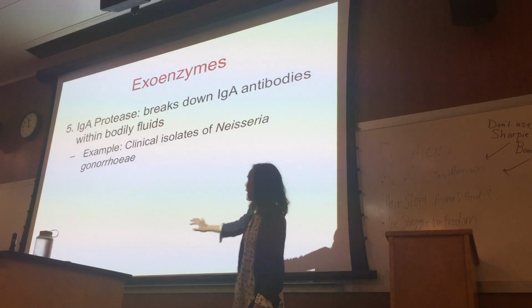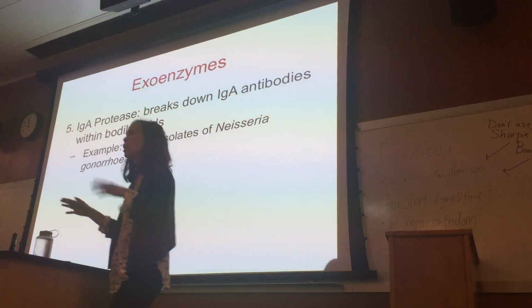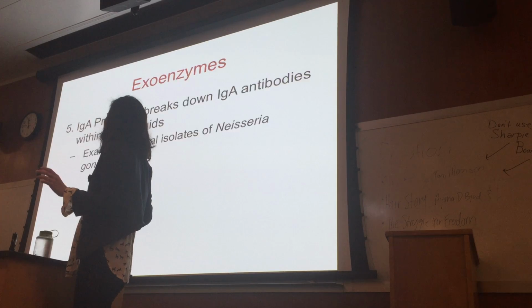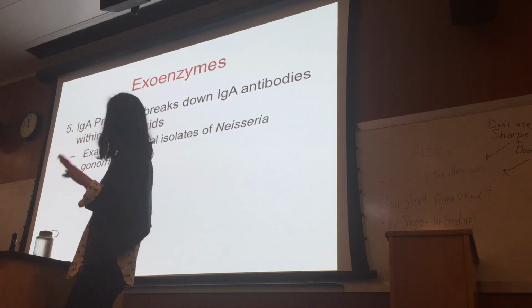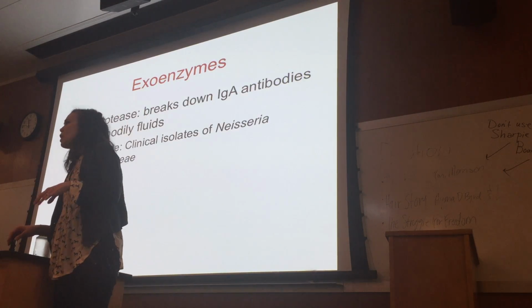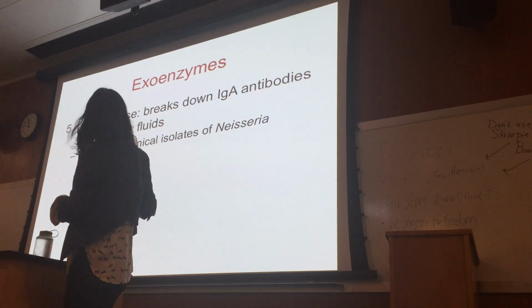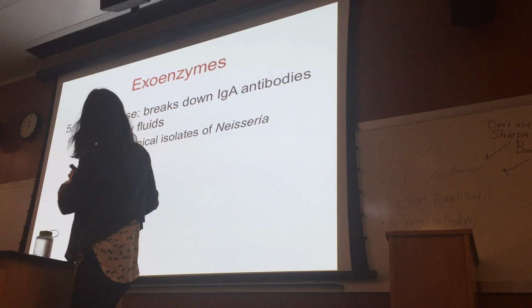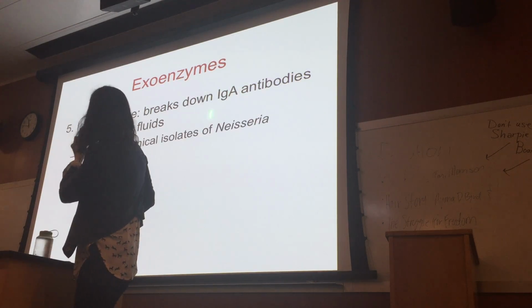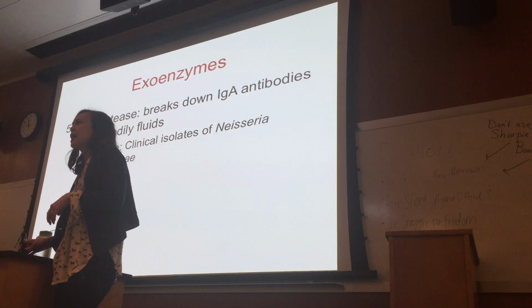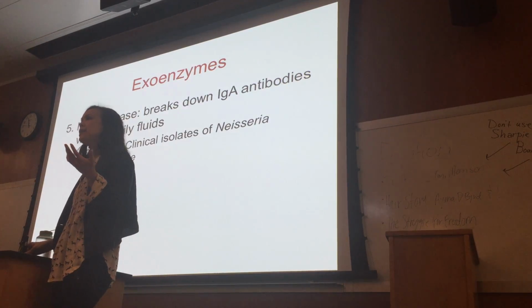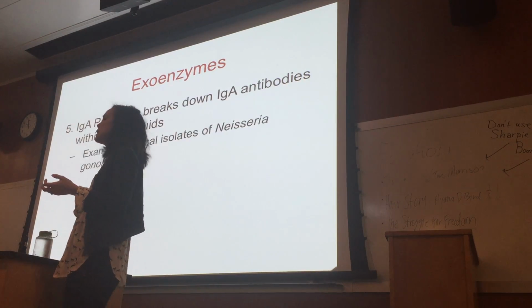We haven't talked about antibodies yet, so IgA doesn't really mean anything to us yet, but IgA is a type of antibody that we have in our bodies. And what's really nice about IgA is that it's the antibody you find on mucosal surfaces.